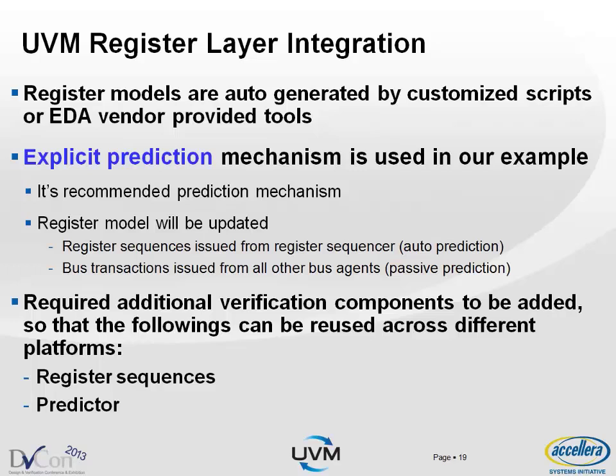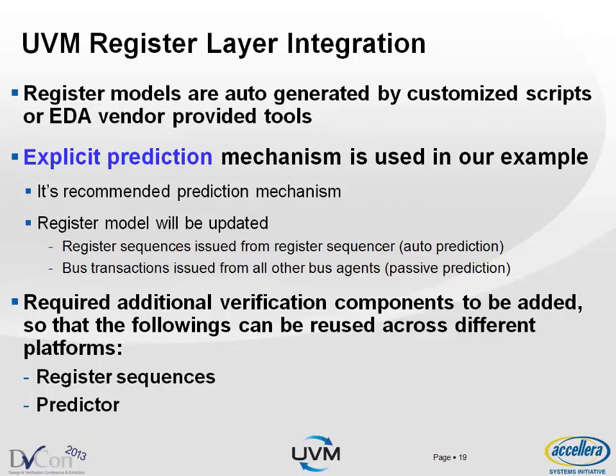This register model will be updated under two conditions. The first condition is that whenever a register operation is issued by the register sequence, the register model will be updated immediately. This prediction mechanism is called auto prediction.